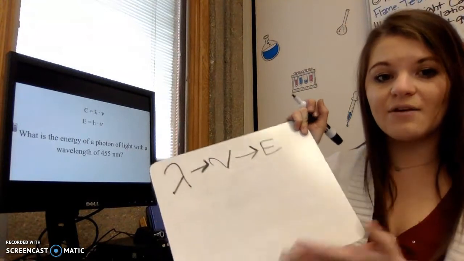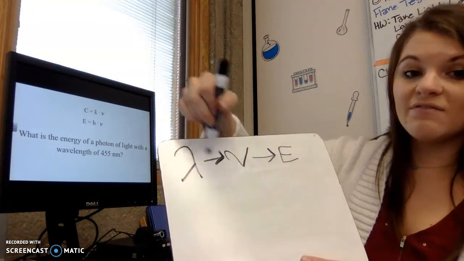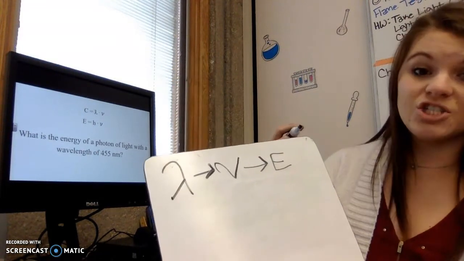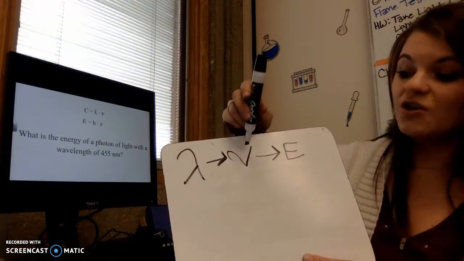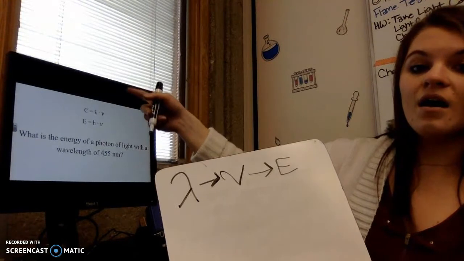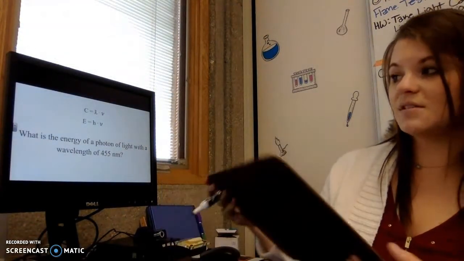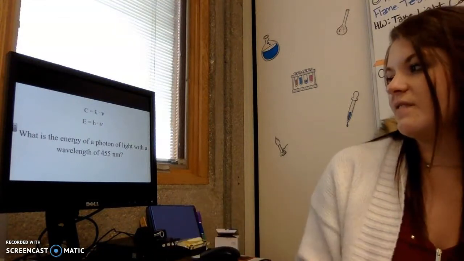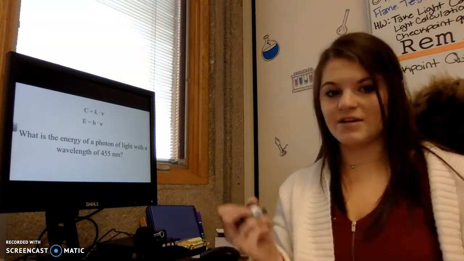So that's how you use both equations together, when you're given wavelength or energy and you need to convert to the other, you need to go through frequency because that is what both have in common. So, what is the energy of a photon of light with a wavelength of 455 nanometers?